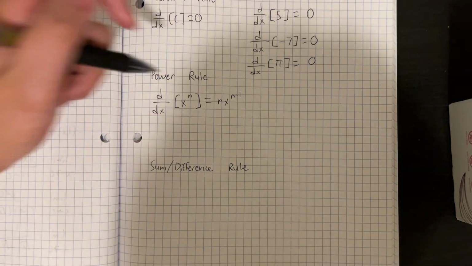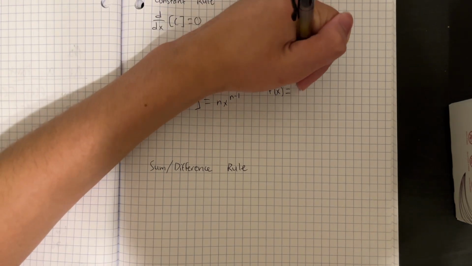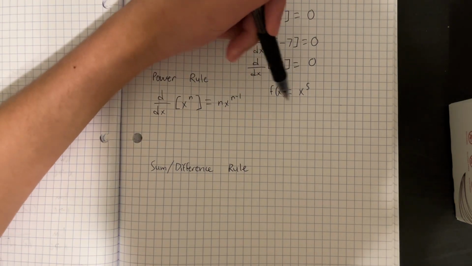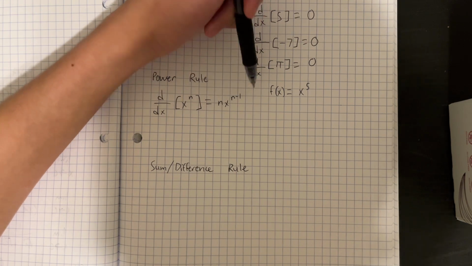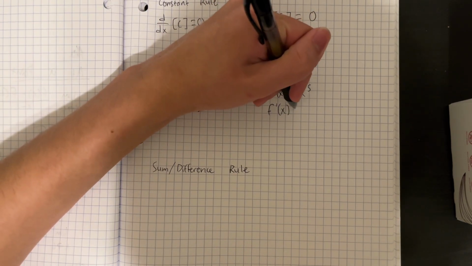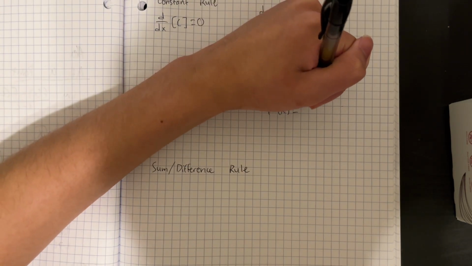Let's look at an example. Here we have f of x is equal to x to the power of 5. So here's x, and 5 would be our n. So f prime of x, we would bring the 5 to the front.